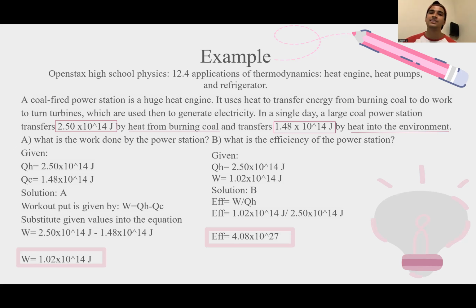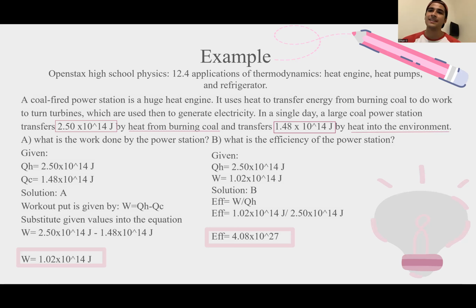So we have our QH and our QC. From there, it's just plugging it in to get our work, where we just subtract our QC from our QH, and then we get the total net work, which is 1.02 times 10 to the 14th joules.